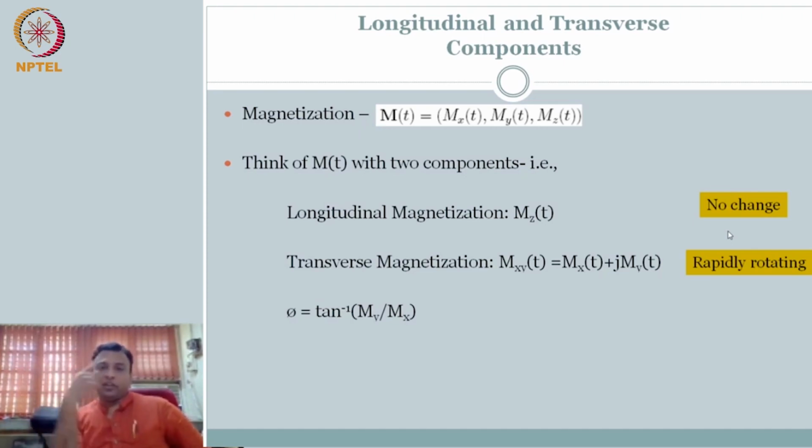This is the frequency, it is rotating rapidly, right? So your xy is changing. The projection on the floor is spinning fast. Whereas in the z direction, it is not changing much. So one component, the transverse magnetization, is rotating rapidly, whereas the z direction is not changing. Okay, so that is a very key component that we want to understand.